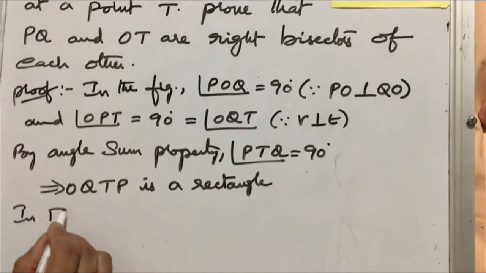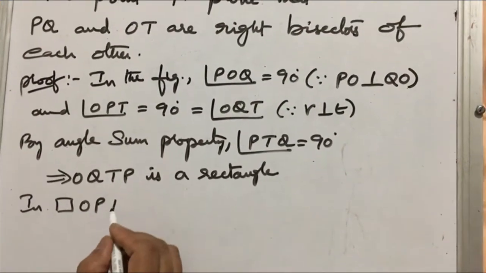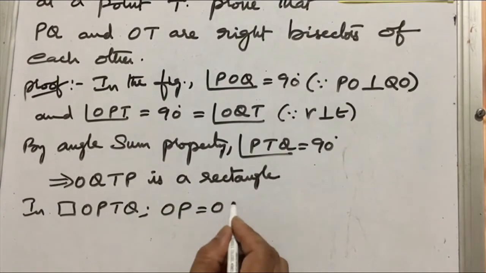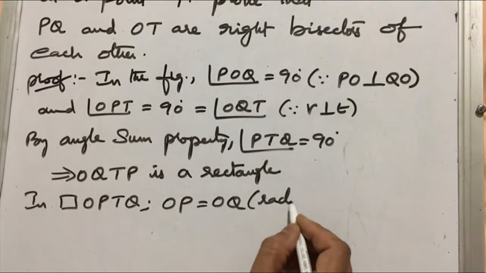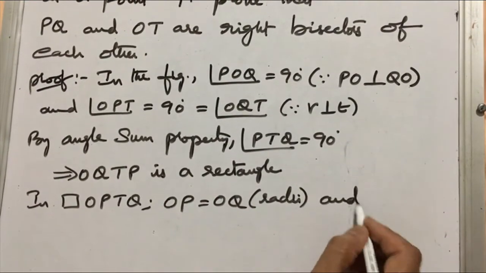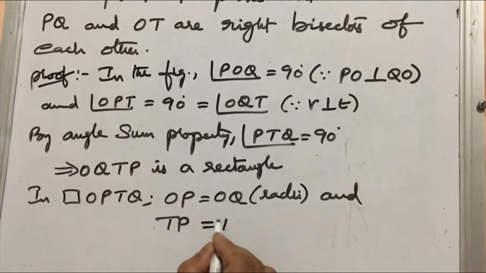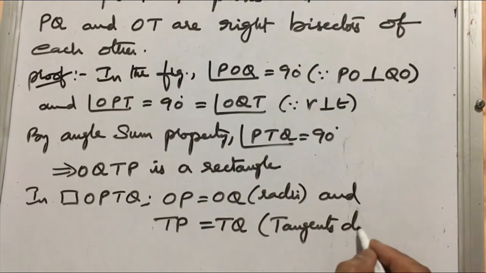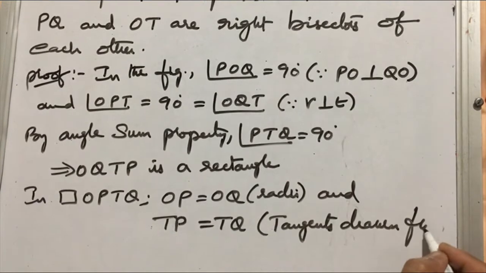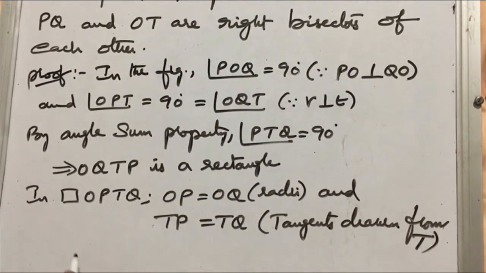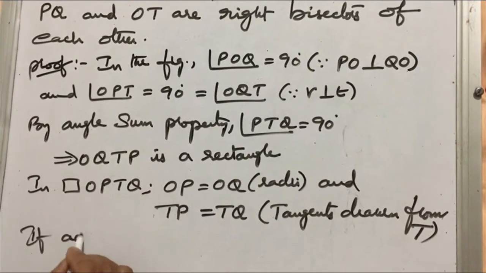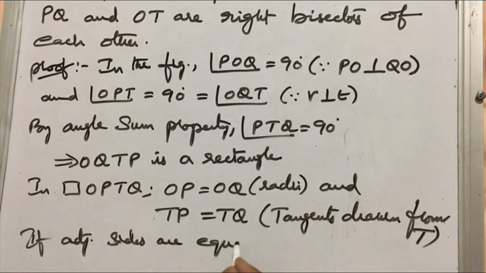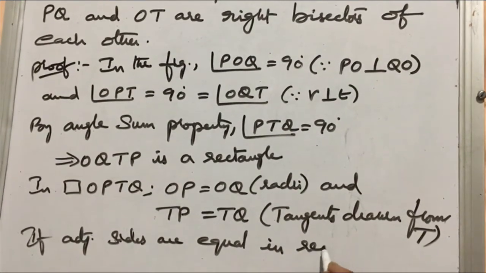In quadrilateral OPTQ, OP is equal to OQ. The reason is they are the radii, and TP is equal to TQ. They are the tangents drawn from T. So if adjacent sides are equal in a rectangle, then it becomes a square.